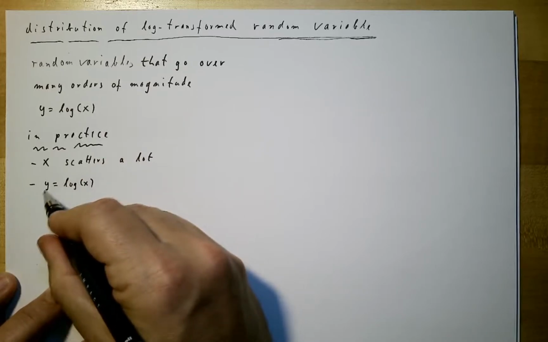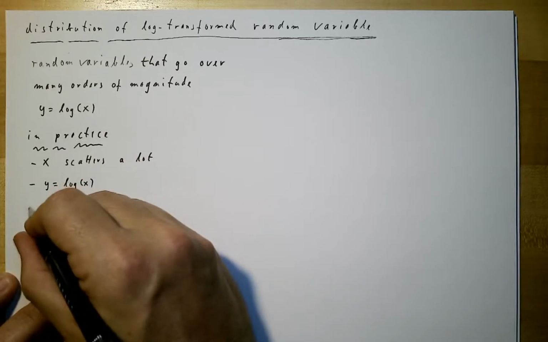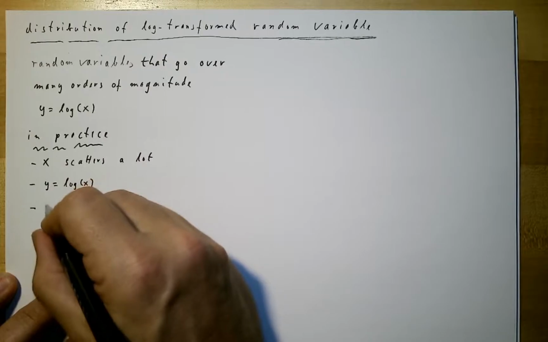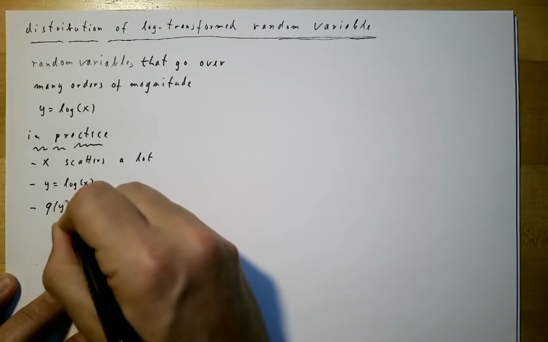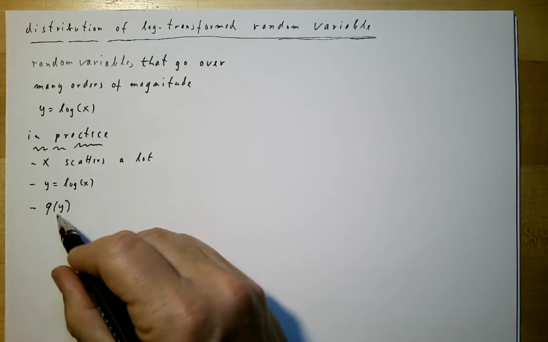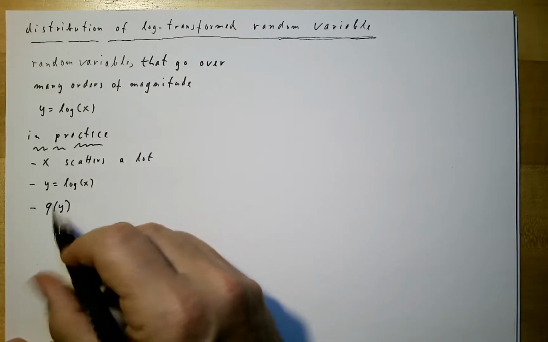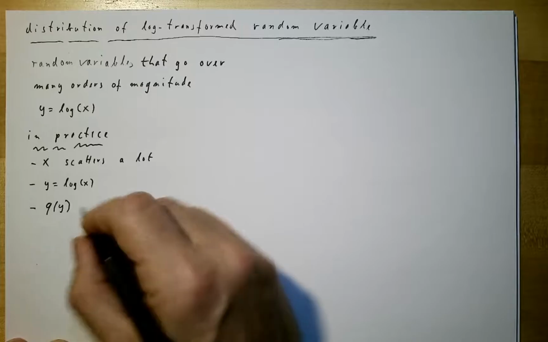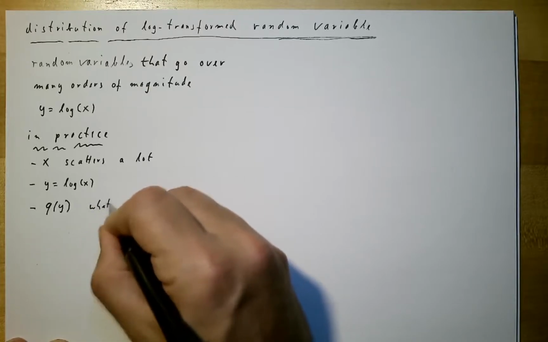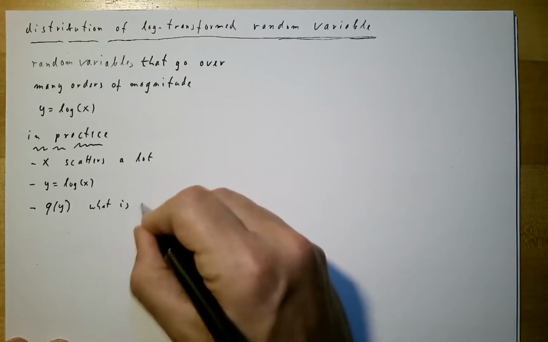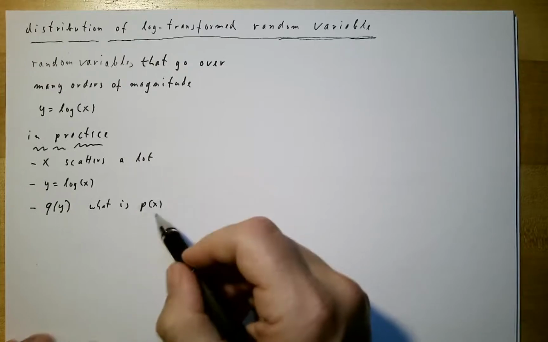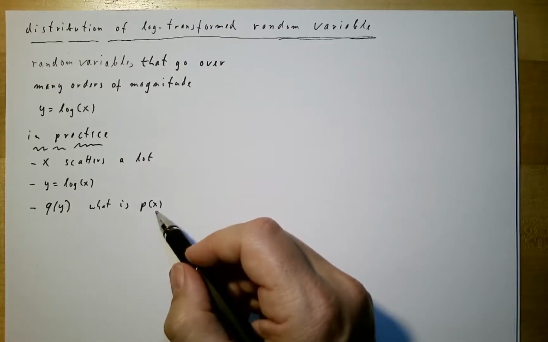This y behaves more normally. We can make a histogram. We estimate our q of y here by normal histogram. And now the question is, what is our p of x? Because that was the thing we were interested in.